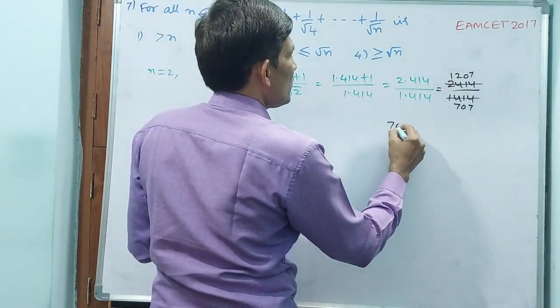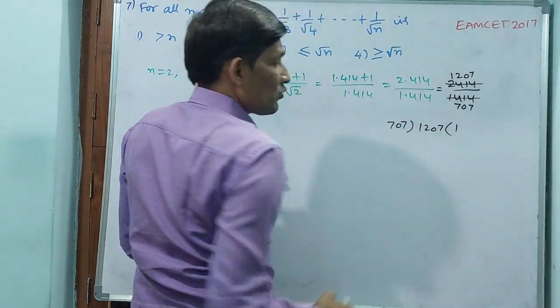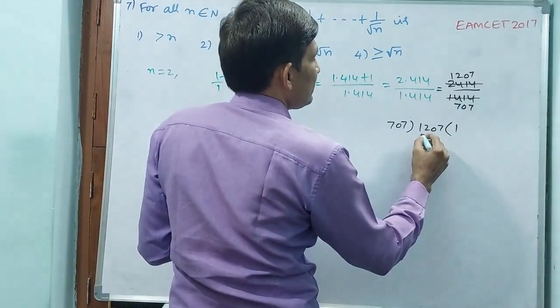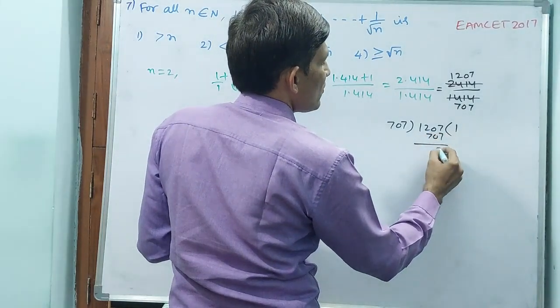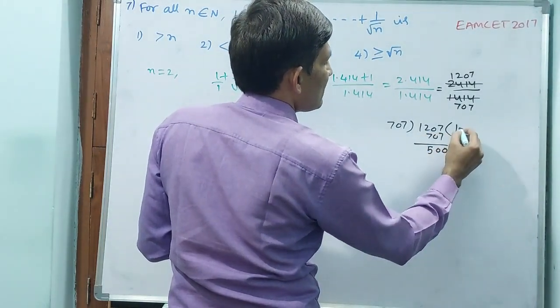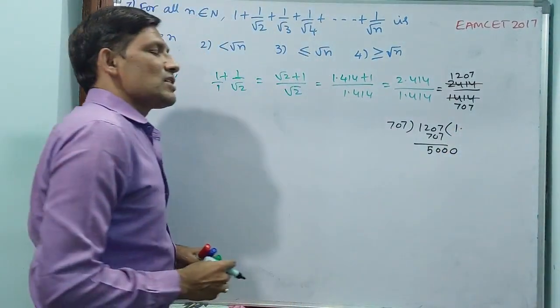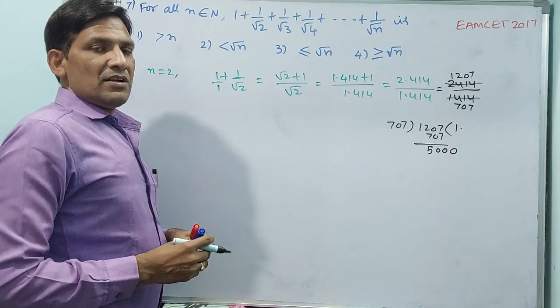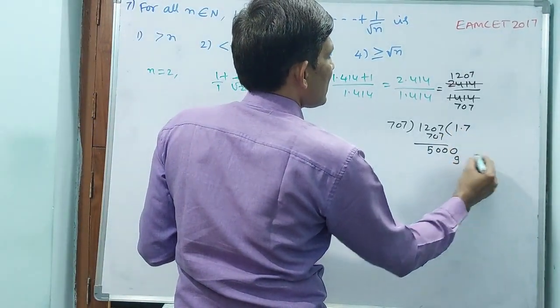Now you do the division. 707 into 1207, once only will go, 1400 will not come. Then 707 will come, 500 will come. Keep the point, 5000. 7 eights are 56, 7 sevens are 49. Again 7 sevens are 49.